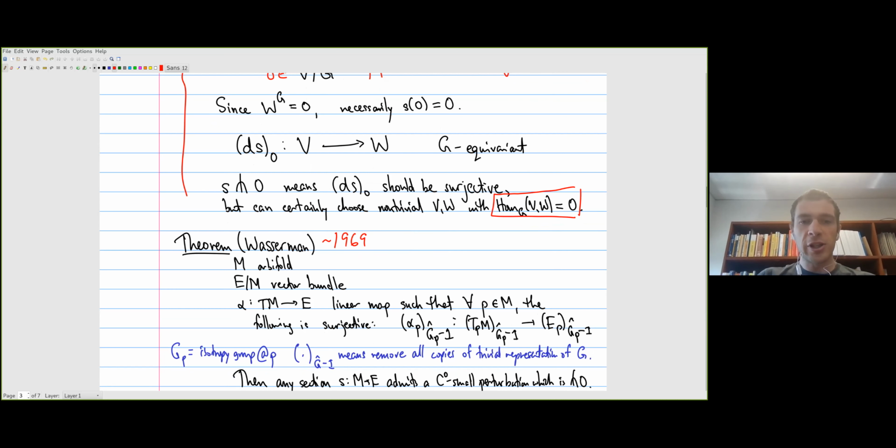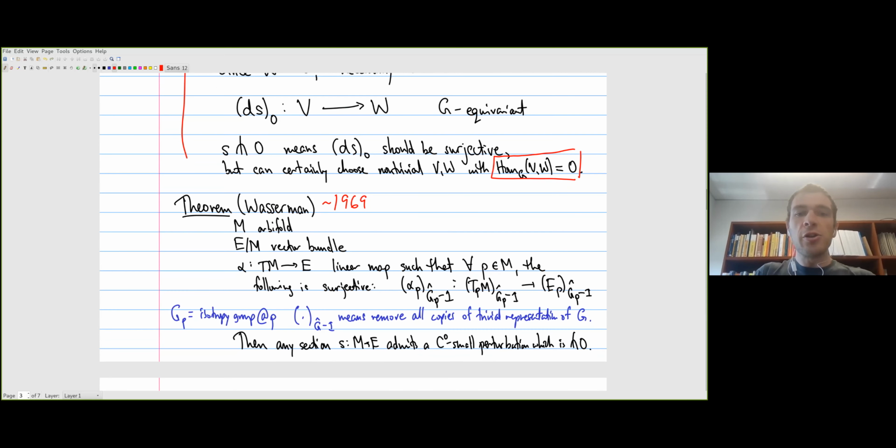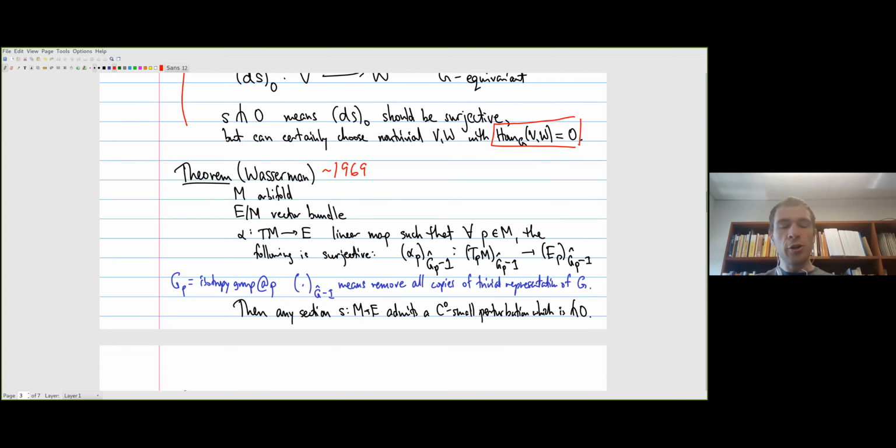So that's the hypothesis. The conclusion is that not only do there exist transverse sections, but you can perturb any section to be transverse. And the basic idea of the proof is to use this alpha as a guide for how to perturb your sections. You do some sort of inductive perturbation over the various strata of M. M is stratified by the order of the isotropy group, and you inductively perturb over all the strata.